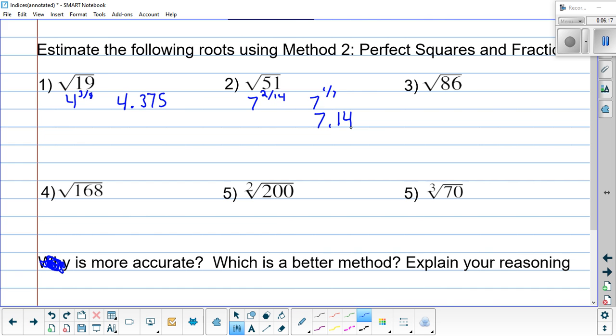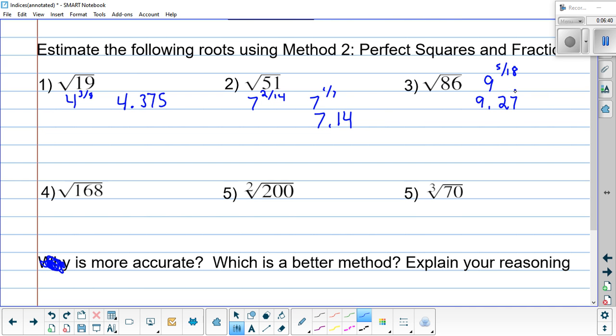So 7.14. Here the closest one is 9 times 9, which is 81. The difference is 5, and doubling is 18. So 5 over 18 is 0.27 repeating, so 9.27 repeating or recurring.